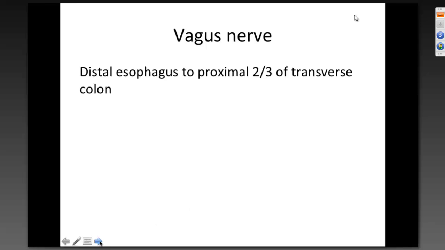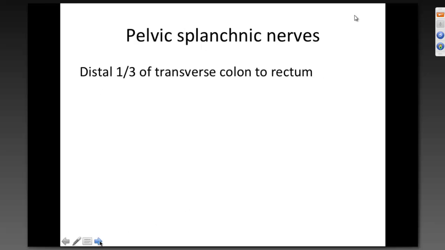You can probably guess that there's something else that is not the vagus nerve that's going to take over at that distal 1/3. And again, there's going to be watershed overlap at the splenic flexure where the transverse colon changes into the descending colon, or the sigmoid colon, also known as. And that something is going to be the pelvic splanchnic nerves.